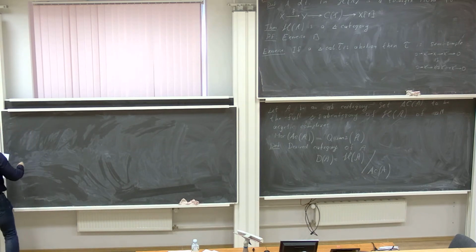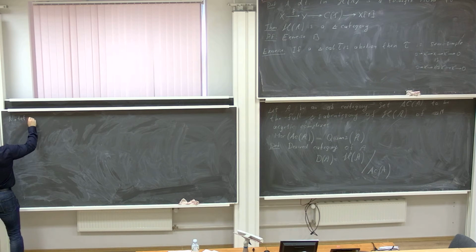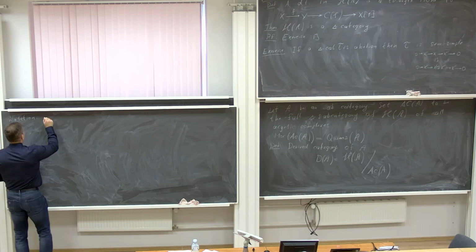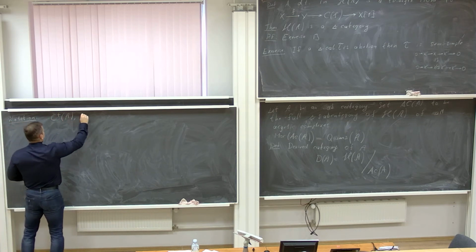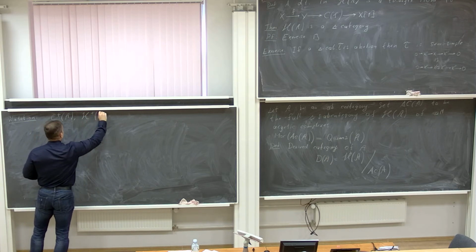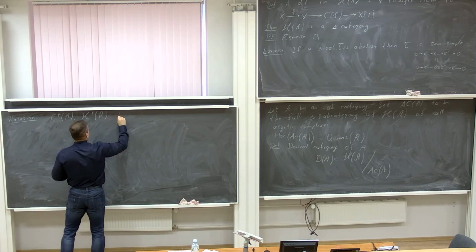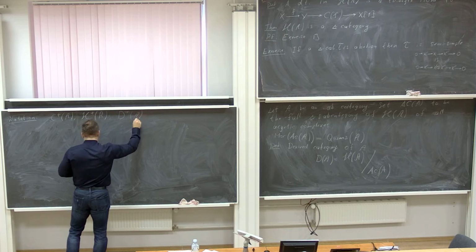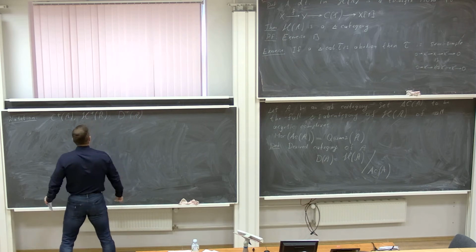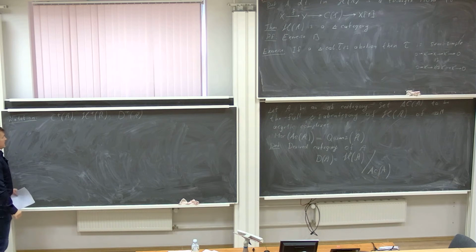So later we're going to need several versions of the derived category. So maybe let's introduce this immediately. So some notation. You can define the category of complexes C+, the homotopic category H+, and the derived category D+. So the definitions are exactly the same as before, but you have some restrictions on the objects.